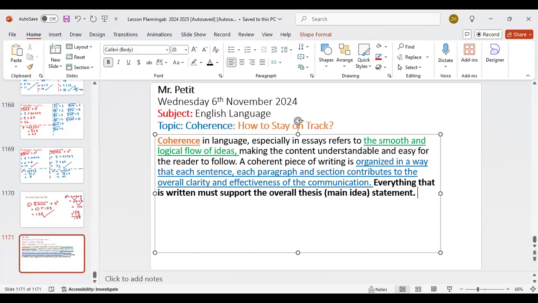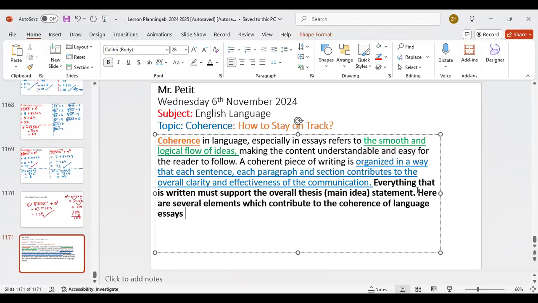Okay, so here are several elements which contribute to the coherence of language essays.